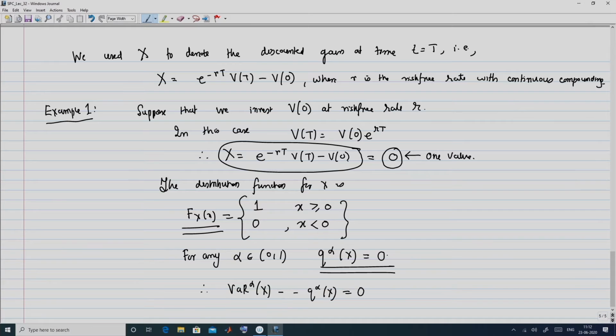And now you observe that intuitively this is what you are going to expect, because it is like an investment in a bond, that you invest an amount of V 0, and then the discounted gain, that is e raised to minus rT into V of capital T minus V 0, is simply going to be equal to 0.